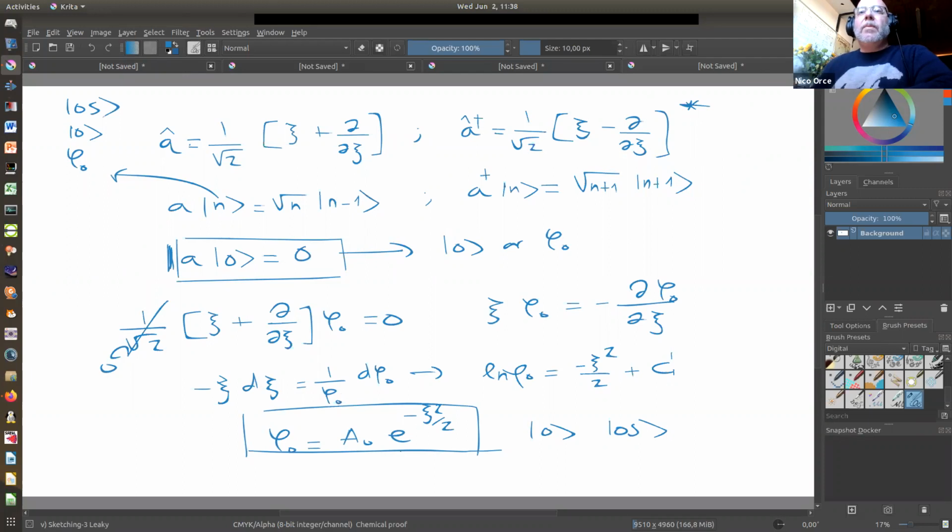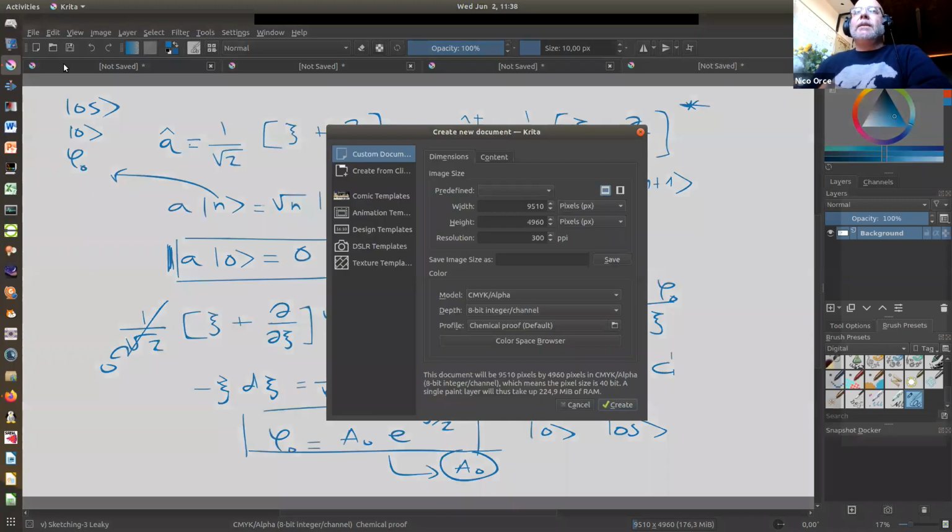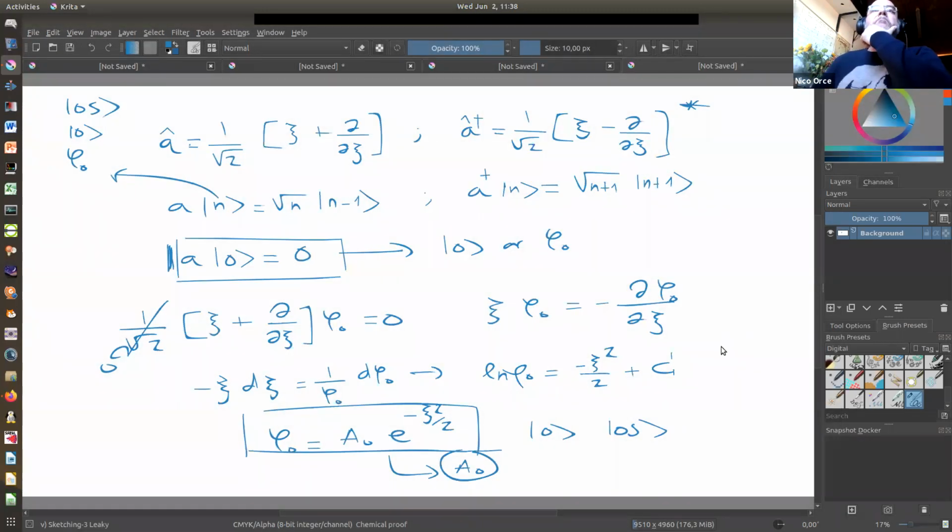The only thing that remains to do is to normalize the wave function in a way that we get a naught, and for that we are going to apply quantum mechanics again to deduce what that constant, a naught, is.